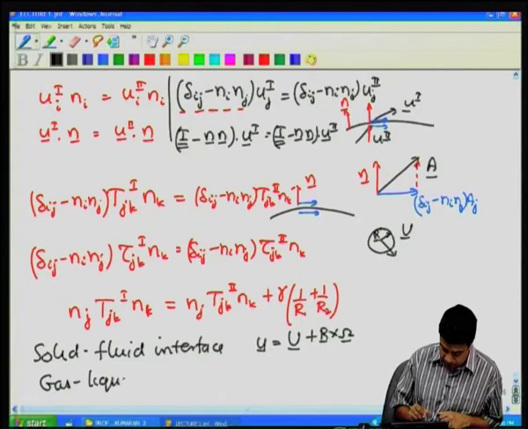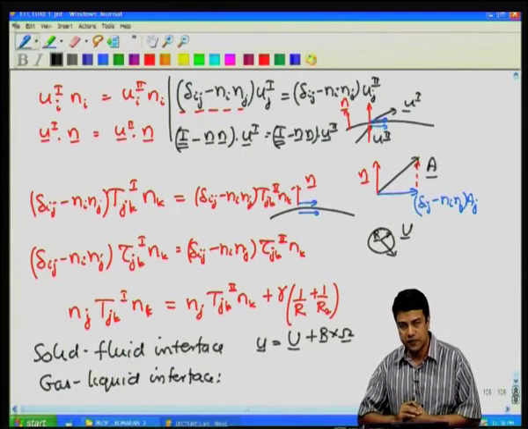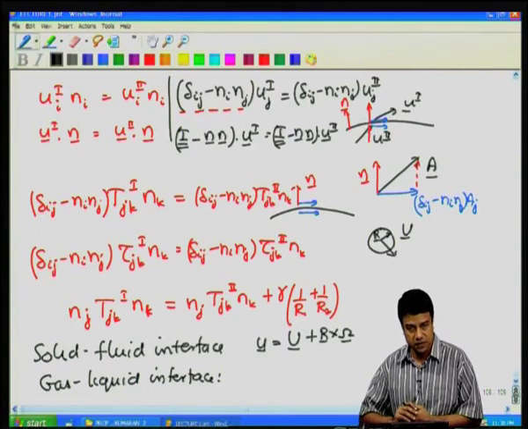Now, for a gas-liquid interface, the viscosity of a gas is typically much smaller than the viscosity of the liquid. Typically, the gas will have a viscosity that is between 1/100th to 1/1000th the viscosity of a typical liquid. So, in that case, one can say that the shear stress generated by the viscosity of the gas is negligible compared to the viscosity of the liquid.